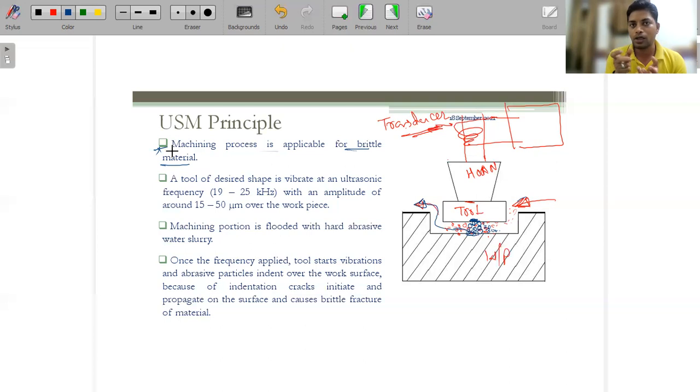Why? Because this is the property of ductile material: it has a high absorption energy, meaning toughness is very high. So whatever force or energy we produce through the emery paper is completely absorbed by that material.